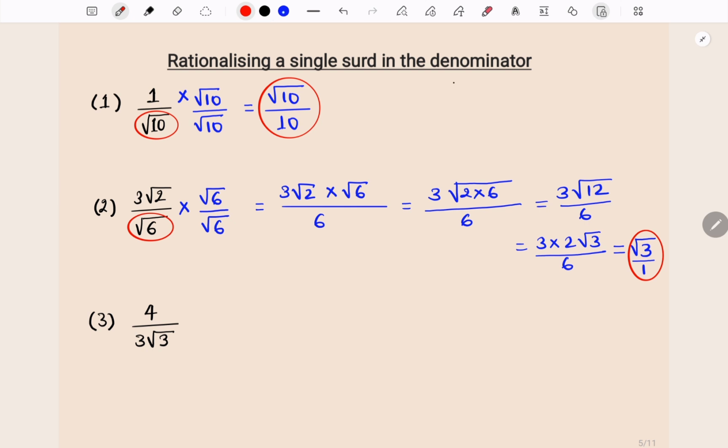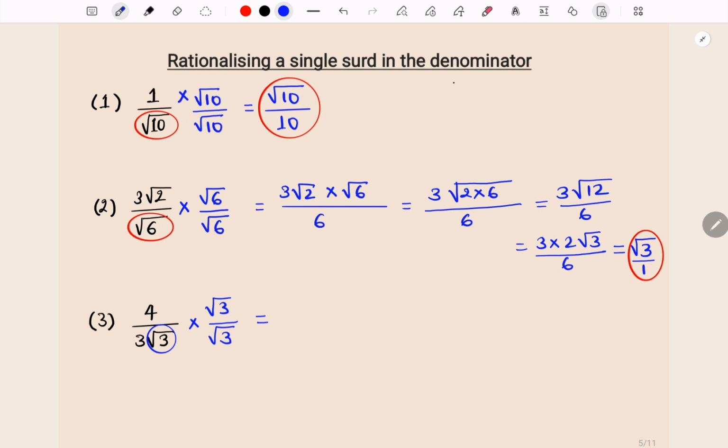Now let's solve the next question. Here we have 4 over 3 root 3. Here also the denominator contains a surd, that is this root 3. So I will multiply the top and the bottom with root 3.